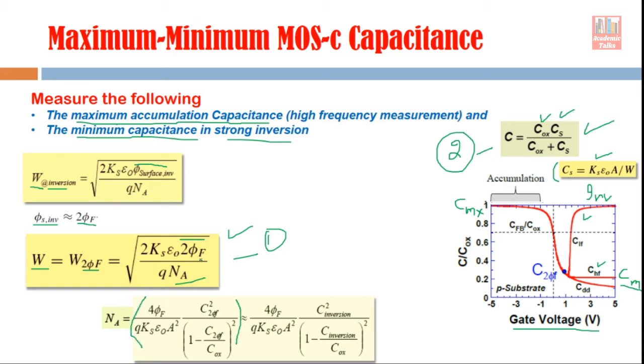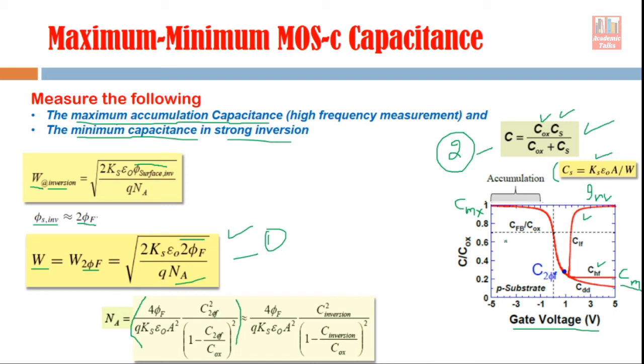You see here all these parameters are present. Phi f, the Fermi potential, is there, Q is there, Ks, the dielectric constant of the semiconductor, is there, epsilon naught is there, and A, the area, squared is there. This A came from this side. Now C at 2 phi f is there, and C ox is there.